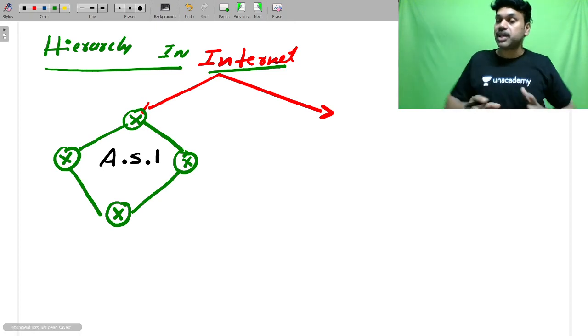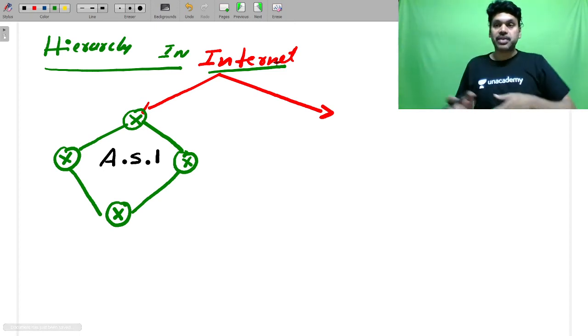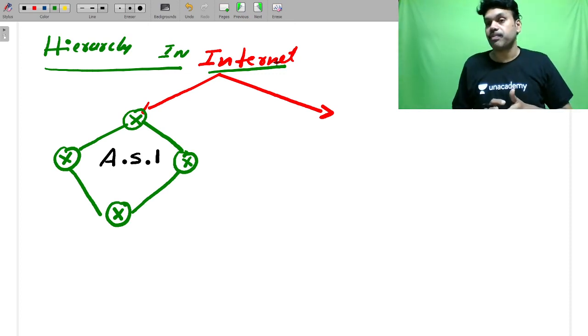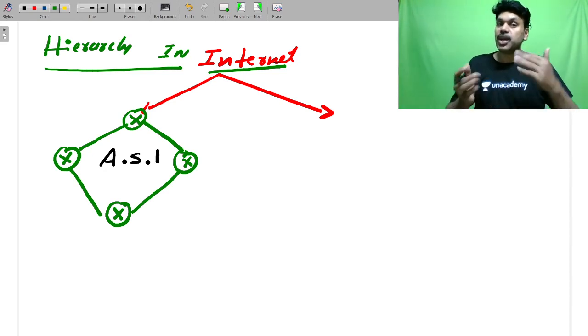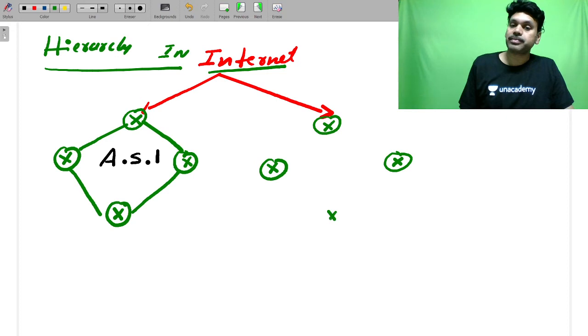The internet is first divided country-wise. Then a country is divided state-wise, then a state is divided district-wise, and a district is divided mandal-wise. We are following it like this only. So a router and another router, another router.